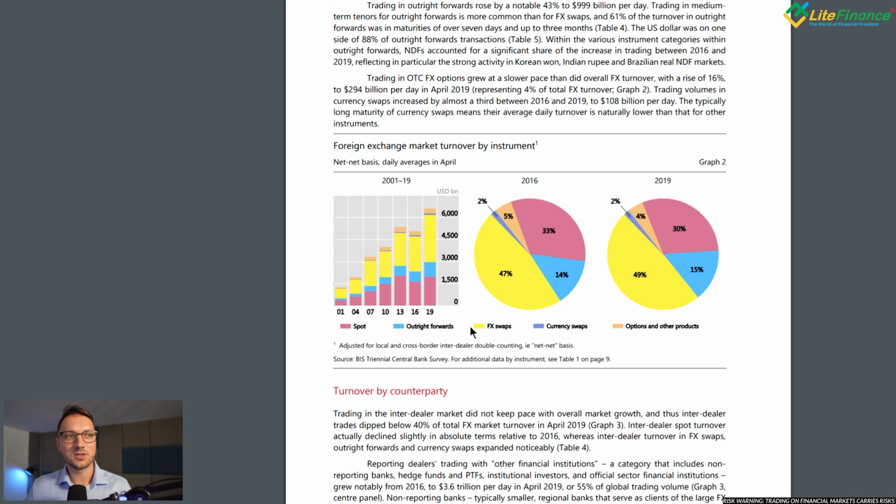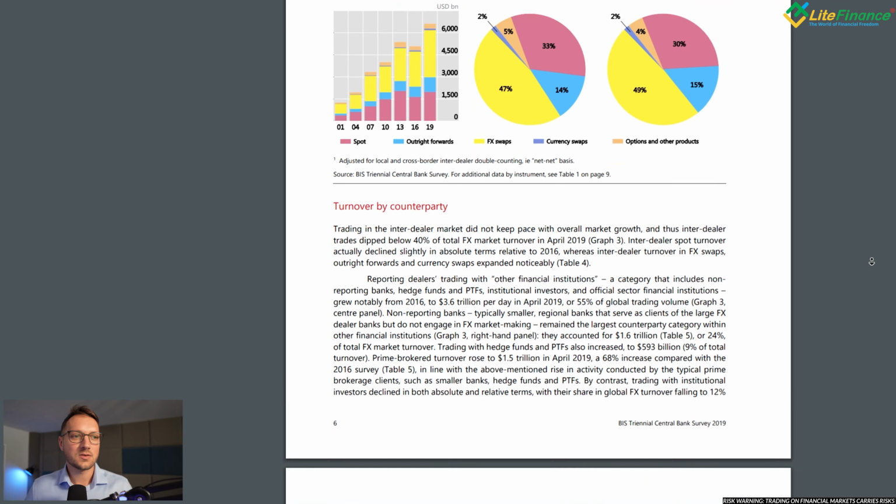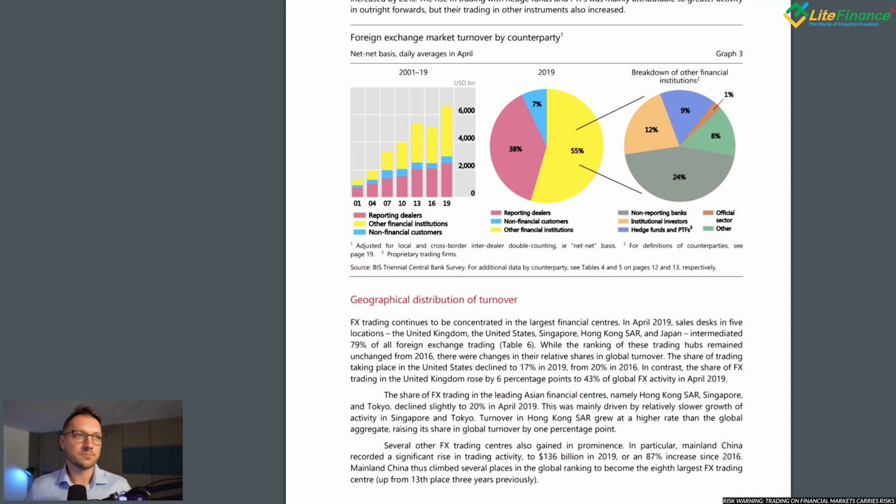And you have here the FX swaps, 47%, currency swaps, and options and other products. The next thing is that, for example, if you go for the counterparty, you see that reporting dealers are 38%, non-financial customers are 7%, and other financial institutions are 55% out of this. And if you go deeper, you break down those institutions, 24% out of this 55% are non-reporting banks.